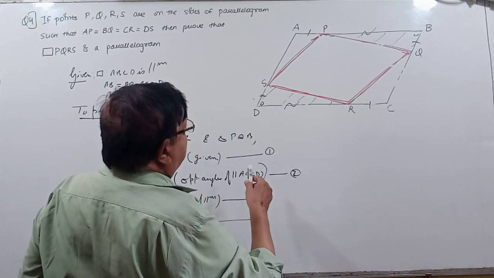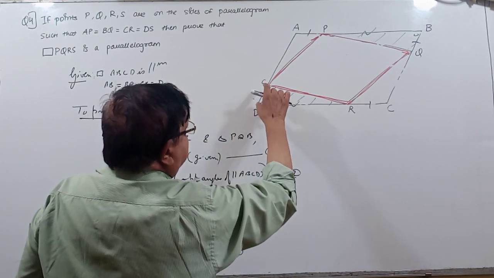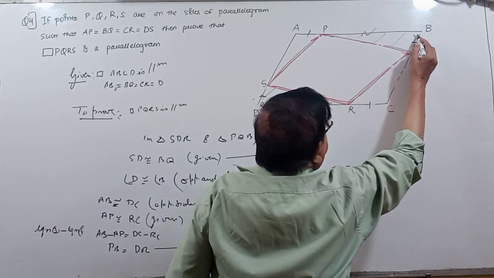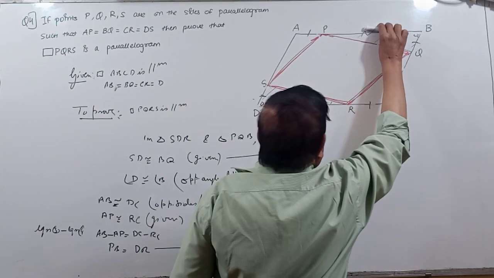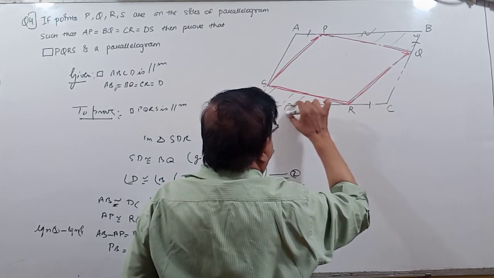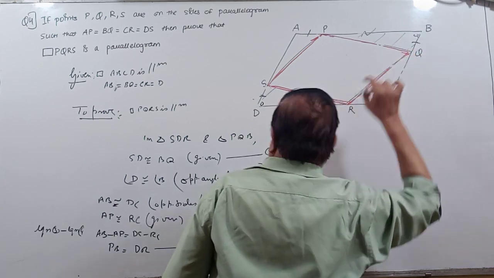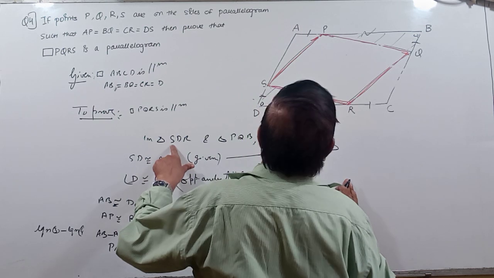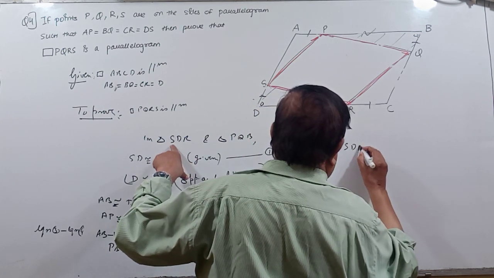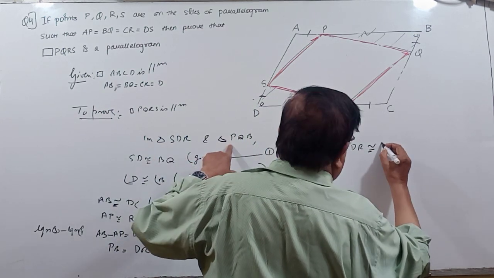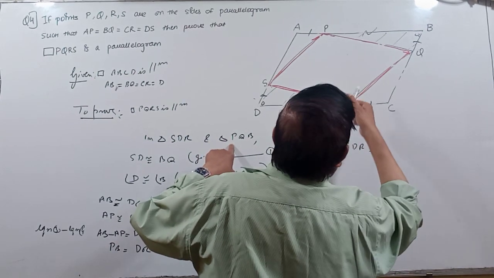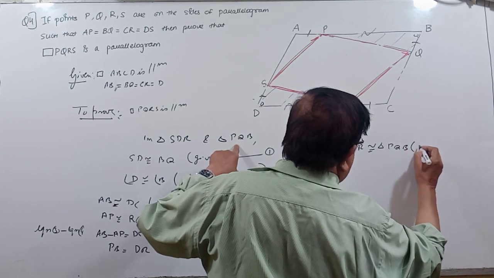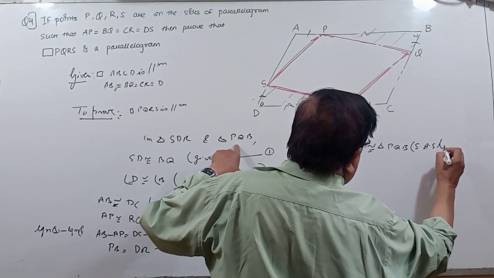So we already proved that in this triangle, this is congruent to this, given, this angle congruent to this angle, this is congruent to this here, side angle side congruent to side angle side. Therefore, triangle SDR congruent to triangle PQB by SAS test.